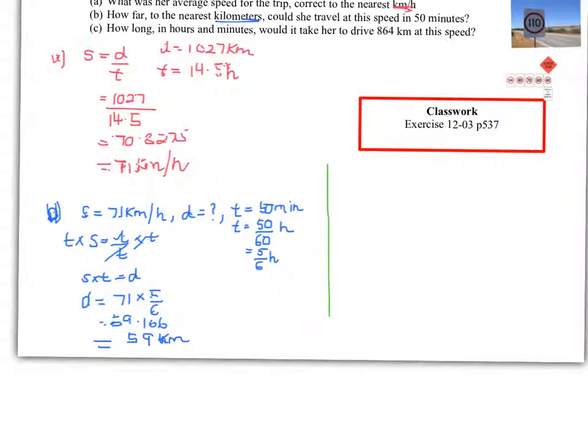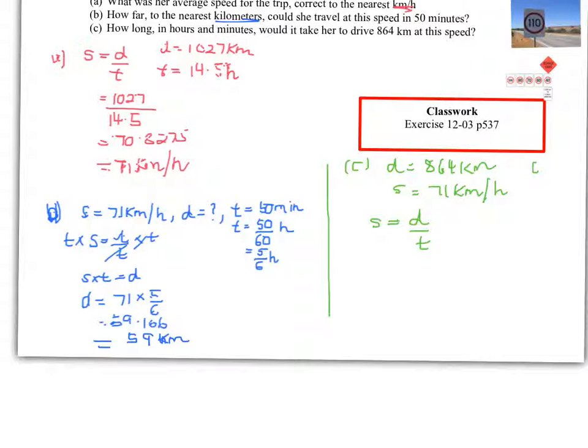Let's see if we can go on to the next one. Last part, part C. How long in hours and minutes would it take her to drive 864 kilometres? So for the last part, we're told the distance, 864 kilometres. And we know the speed because we worked that out in the first question. That's 71 kilometres per hour. And this is just easy because it's our speed equals distance over time formula.